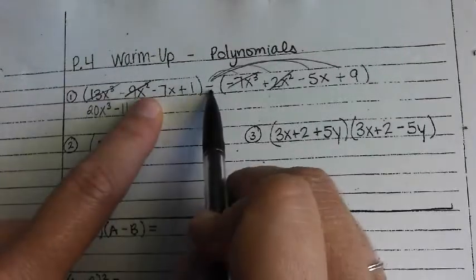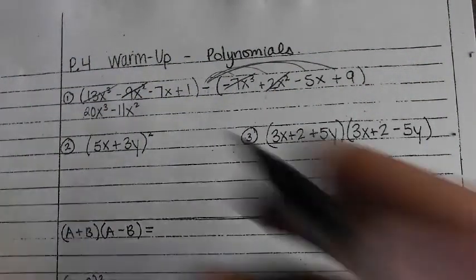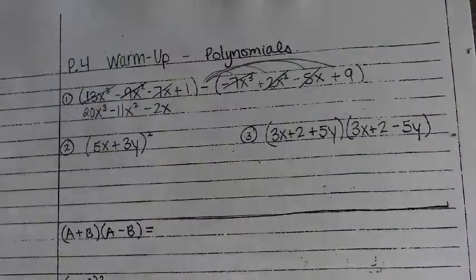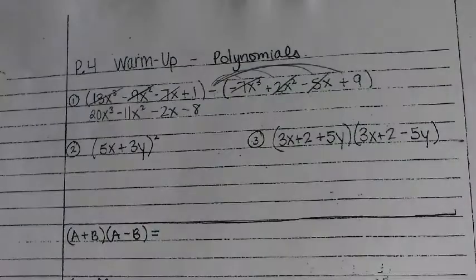Negative 7 minus a negative 5 will be negative 7 plus 5, so that's a negative 2x. And 1 minus 9 is negative 8. And we're done. Okay, so simplifying just means distribute, combine like terms, which is essentially what we did.